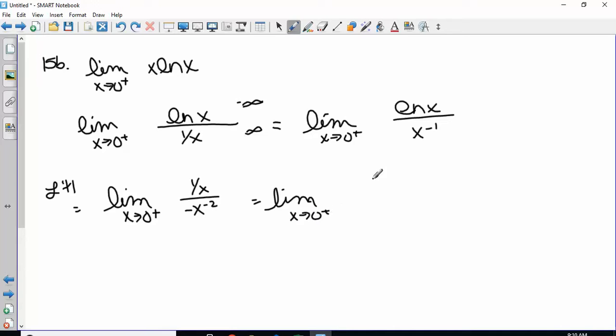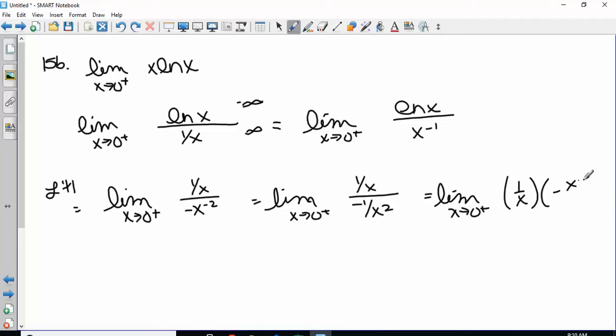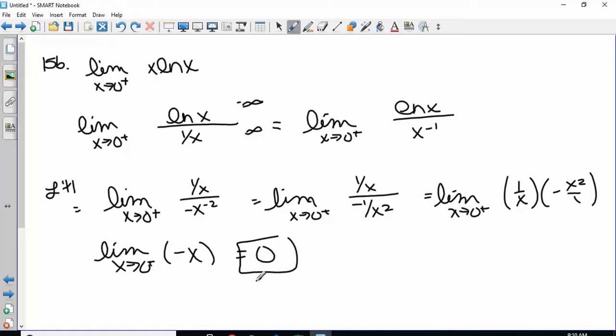Always try to simplify this to see if it's ready to reduce. Negative x to the negative 2, that's like negative 1 over x squared. How do you divide by fractions? Multiply by the reciprocal. So we get the limit as x approaches 0 from the right of negative x, which is just 0.